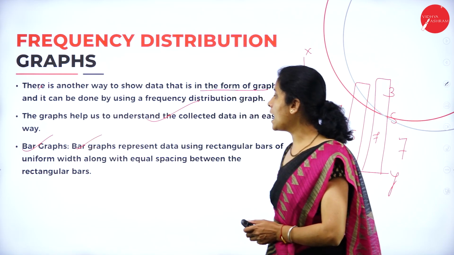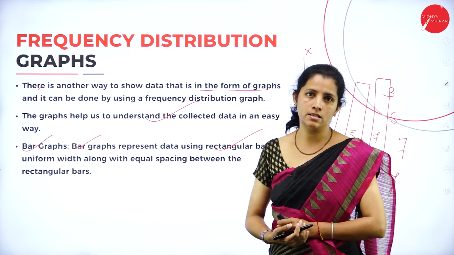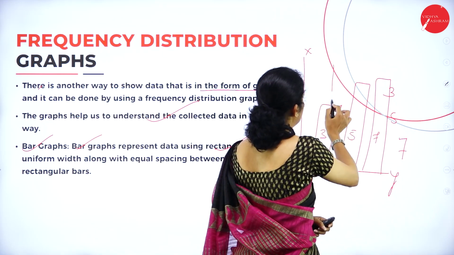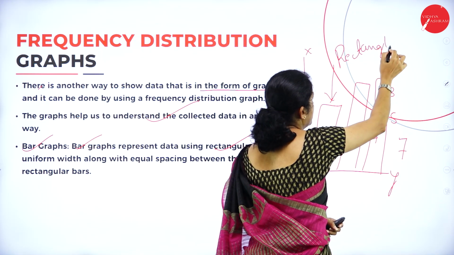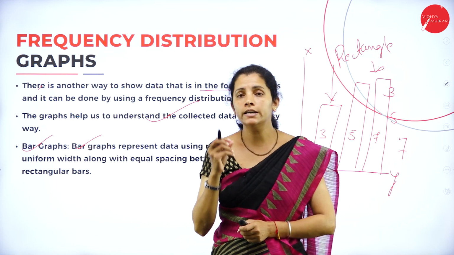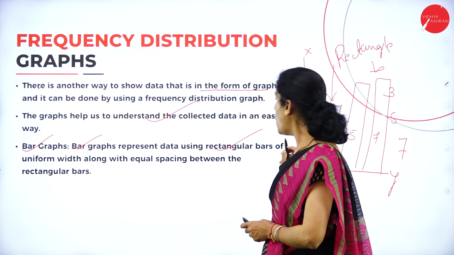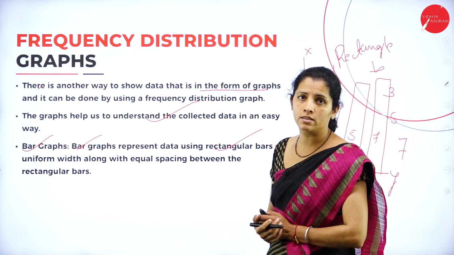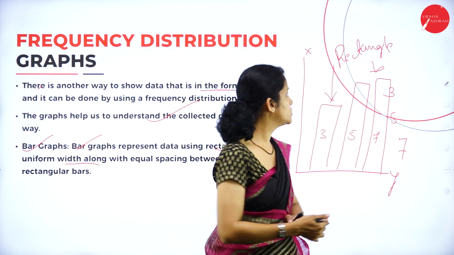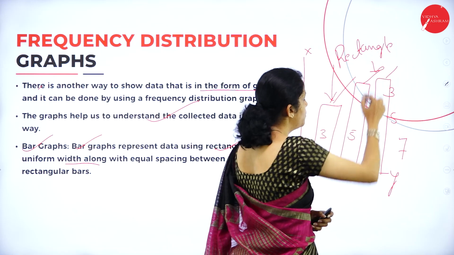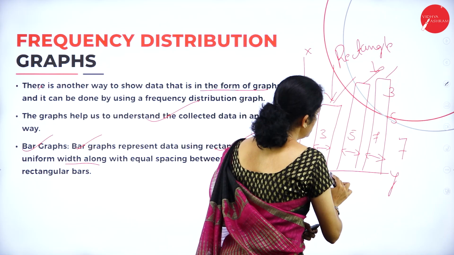So, bar graphs represent data using rectangle bars. So, here this is nothing but the rectangle bar. Here data are represented by using rectangle bar of uniform width, along with equal spacing. So here it is uniform width and equal spacing. So this is spacing.